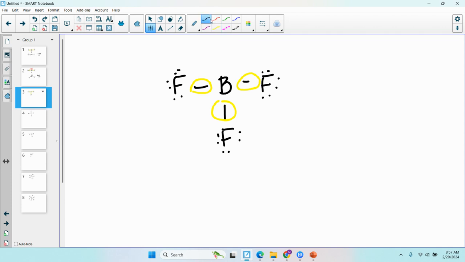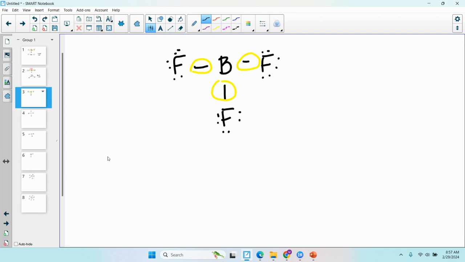So what happens is you can draw this 2 different ways. It depends, whatever you prefer is fine. Because there are no lone pairs to contend with here, everything just spreads out as evenly as possible.